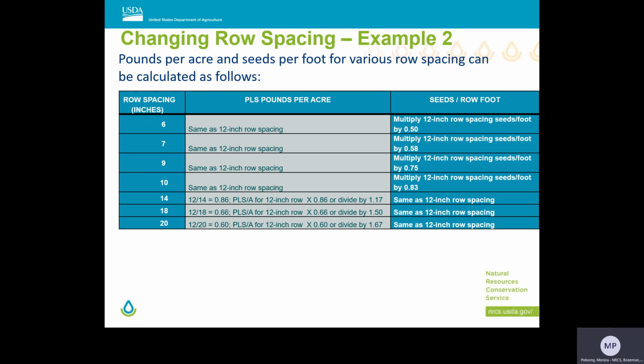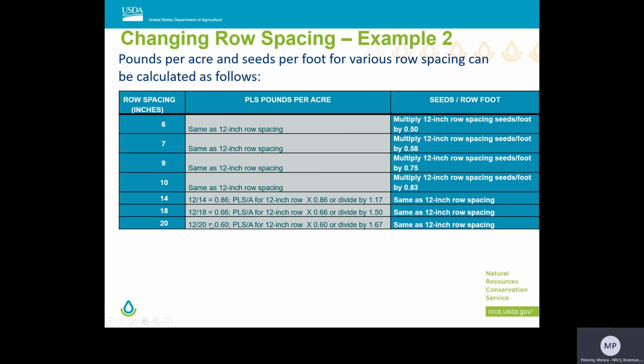This could be a problem again because the higher number of seeds planted per linear foot could result in excessive seedling competition within the row, especially if you're on a dry land site. So to prevent this, we prefer to reduce the PLS pounds per acre rate in order to maintain an acceptable number of seeds per linear foot.